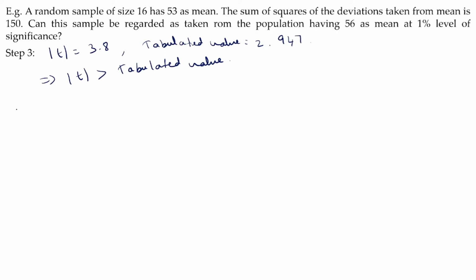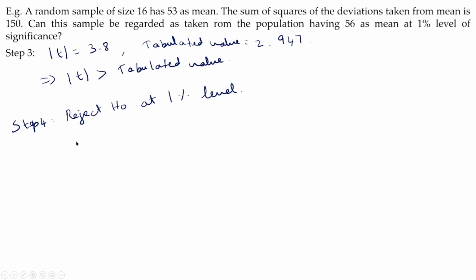So when this t value is more than the table value, it means we have to reject H0. Step 4 is reject H0 at 1% level.